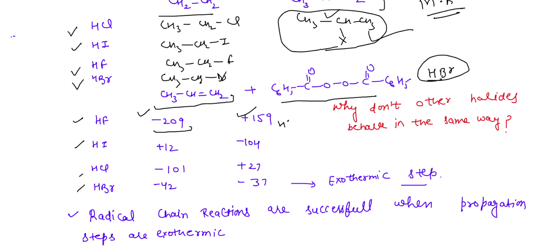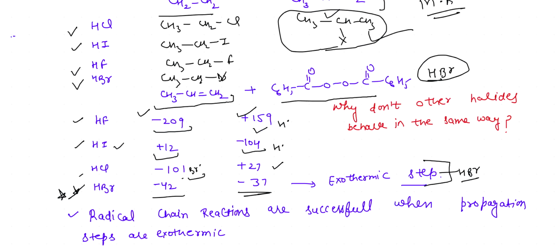In case of HI, the first step is endothermic, and the second step, when hydrogen radical is added, is exothermic. In case of HCl, the first step is exo, the second is endo. But in case of HBr, both the steps are exothermic. The heat is released in both cases. Clear? So that's why this effect is possible in the case of HBr.